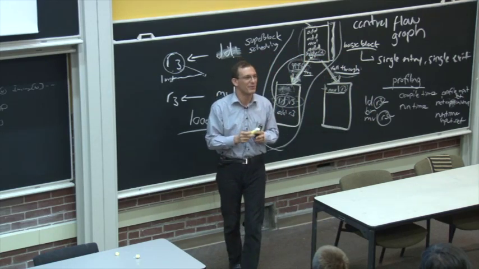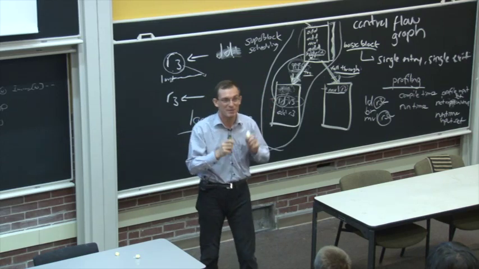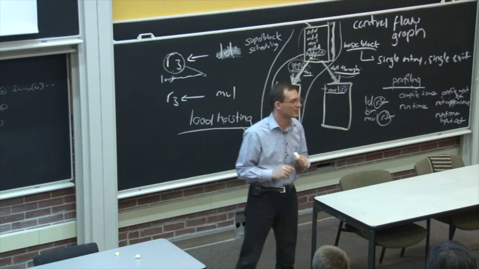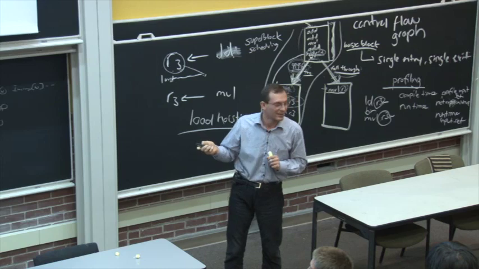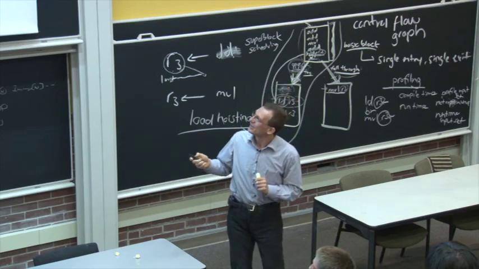But maybe when we get to that, you can remind me, or you can think about that. So there are many reasons, and the main reasons are actually compiler optimizations like this to do scheduling. Okay, any questions?